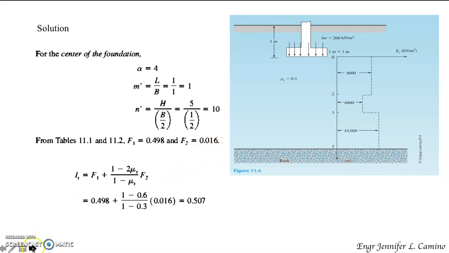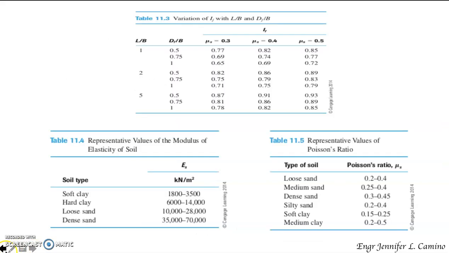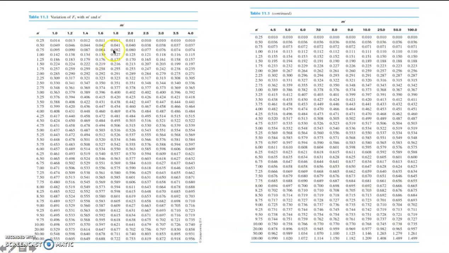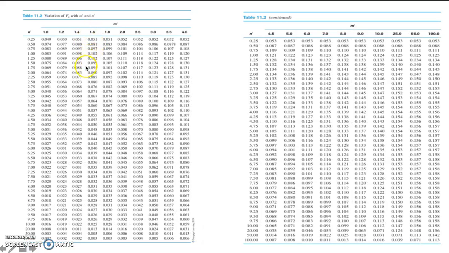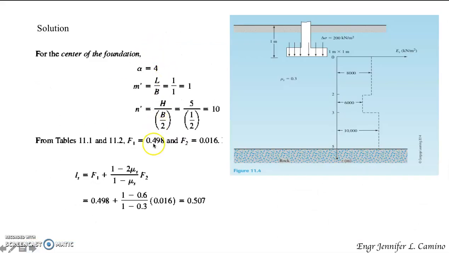Our m is 1, our n is 10, so it simply gives us the value of 0.498 for F sub 1. For F sub 2 using Table 11.2, n prime is 10, m prime is 1, so it gives us 0.016. So we have now the values for F1 and F2.